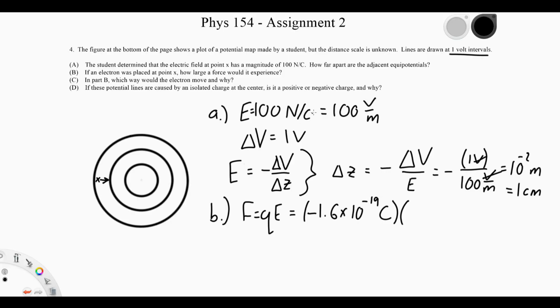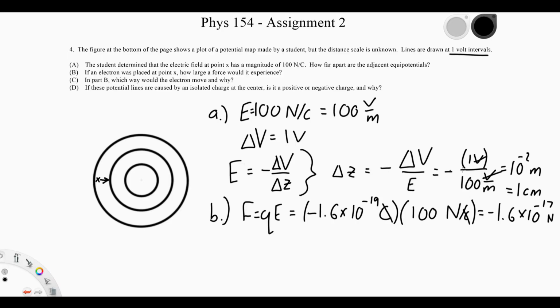In this case, I'm going to use the newtons per coulomb unit so that our coulombs will cancel and just leave us with newtons, which is perfect. And so, of course, we'll be left with negative 1.6 times 10 to the negative 17 newtons.